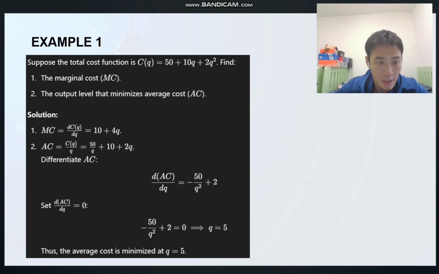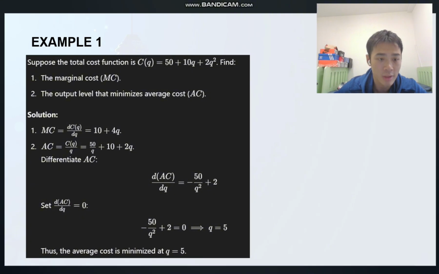First, we find MC equals dC(Q) over dQ, which equals 10 plus 4Q, and then AC equals C(Q) over Q, which equals 50 over Q plus 10 plus 2Q.